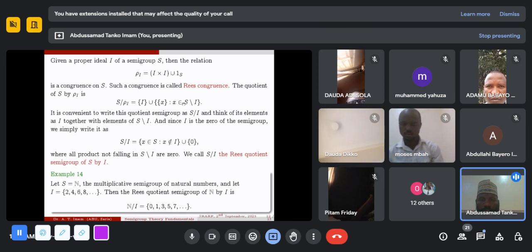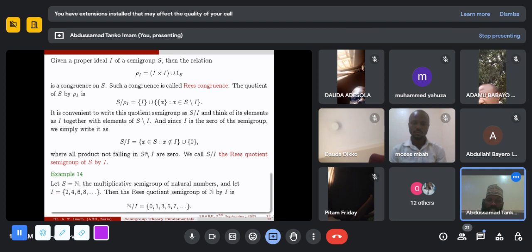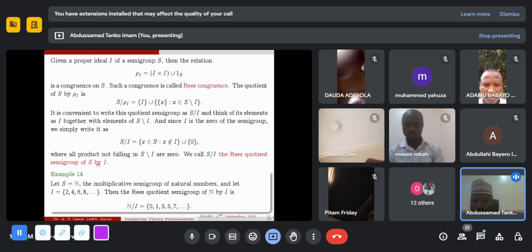It is possible to take elements x and y here and multiply them, and the result is not in the ideal I. If the result is in I, then we declare it to be zero. This is how we think of this semigroup, and we call it the Rees quotient semigroup of S by I. I will give an example here to demonstrate this concept of the Rees quotient semigroup.